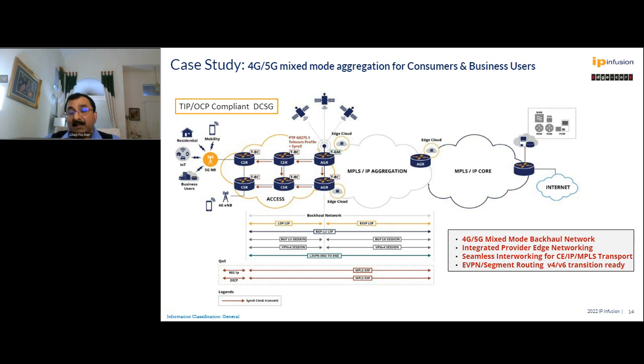And over time, the end goal for this particular customer is to basically get into an end-to-end SRv6 network. So the network elements that are already in place in this particular network are capable of actually transitioning across. Currently, it provides LDP RSVP-based signaling.